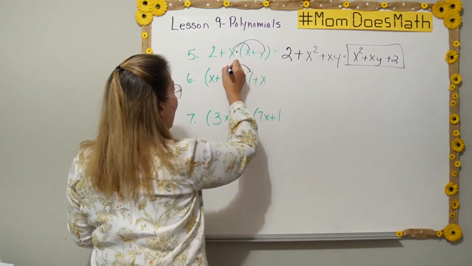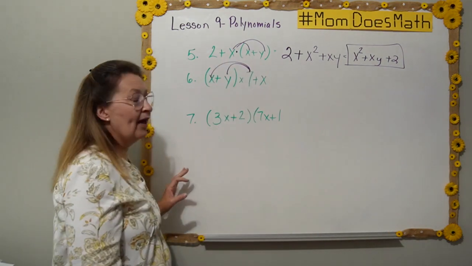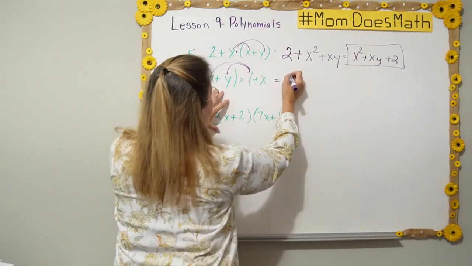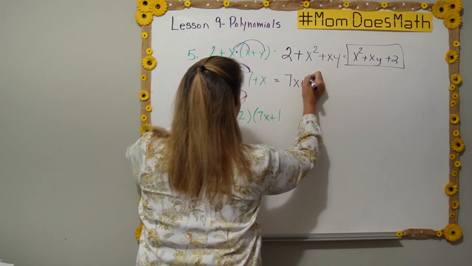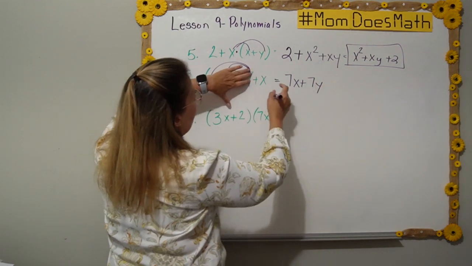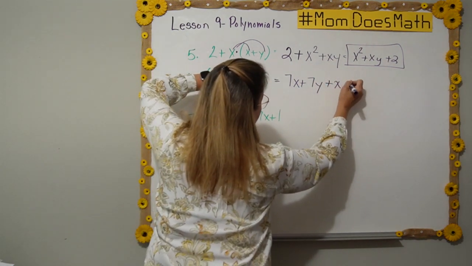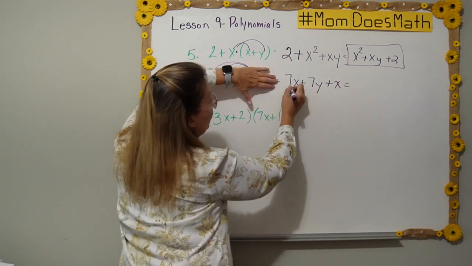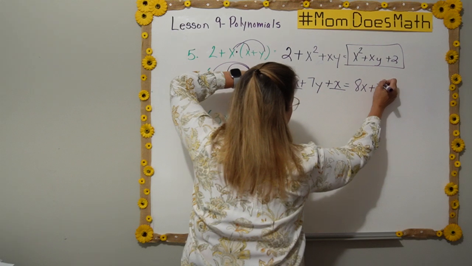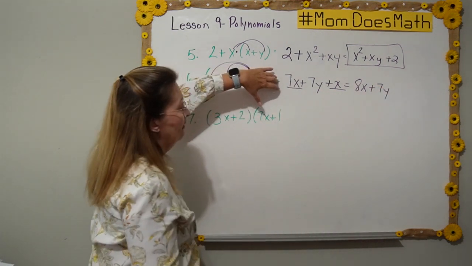Since this is behind, we're going to multiply it this direction, all right? So what we're going to have here is 7x plus 7y, and then we're going to add that x onto the end. Now we can combine these two and get 8x plus 7y.